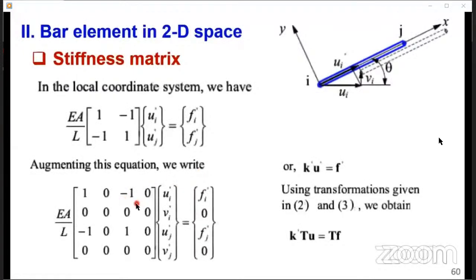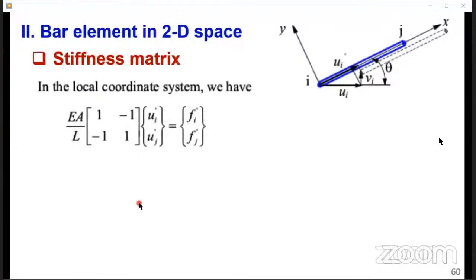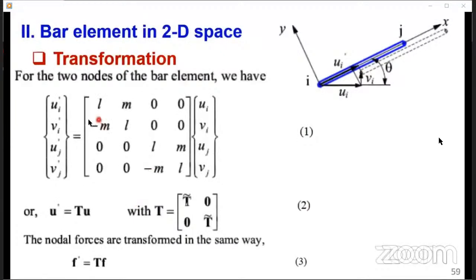The transformation matrix that we derived is still our transformation matrix, but we are removing the v components. So we are removing the second row and the fourth row, the ones associated with v's. That's why you are seeing L M 0 0 and 0 0 L M.